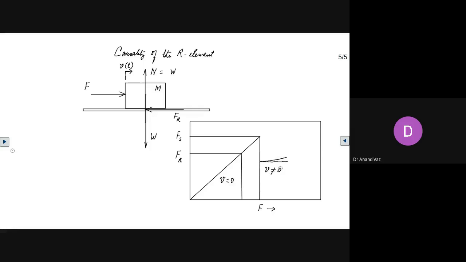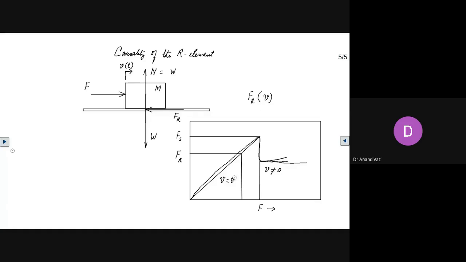The relative motion between these two surfaces is not equal to 0. You get this relationship proceeding like this, then suddenly it drops and then either goes like this or like this. In this particular case, the frictional force is also a function of the velocity.